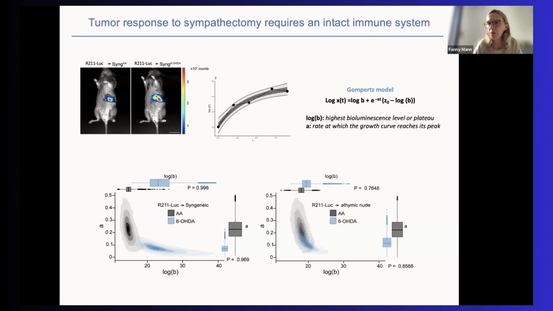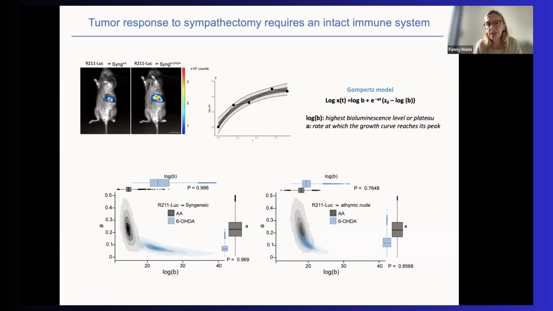However, when we performed the same experiment, where we grafted the same cells, but this time in athymic nude mice, we found that the two groups were no longer separated. So this tells us that this accelerating effect of the sympathectomy on tumor growth requires a host intact immune system.